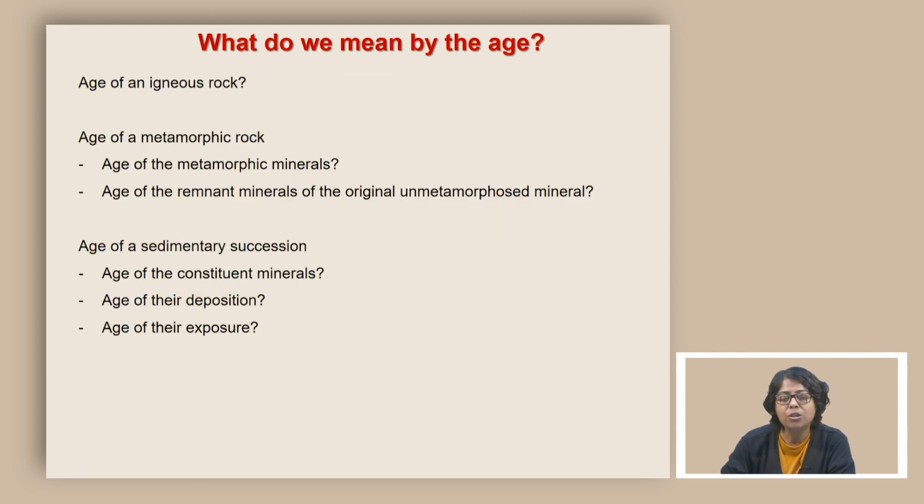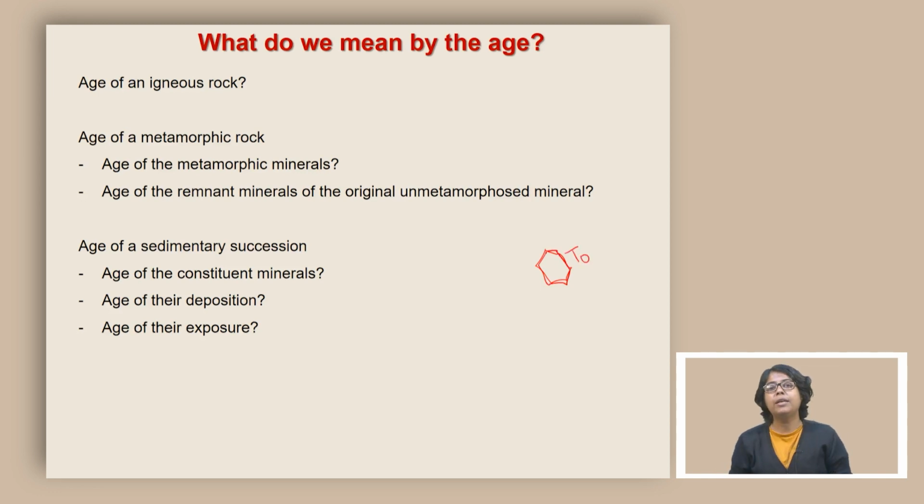So, we have understood how we can use radiometric dating to get an age. But exactly what do we mean by age? The age of an igneous rock basically means when the crystals were forming out of the magma or lava, and that's where the system got closed or locked, and that's the time 0.